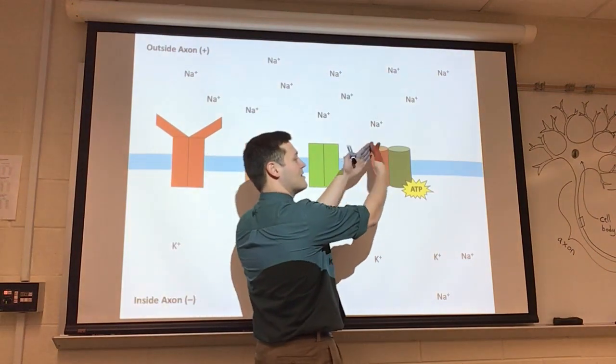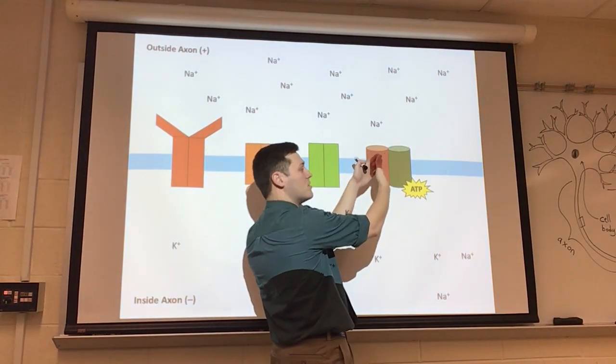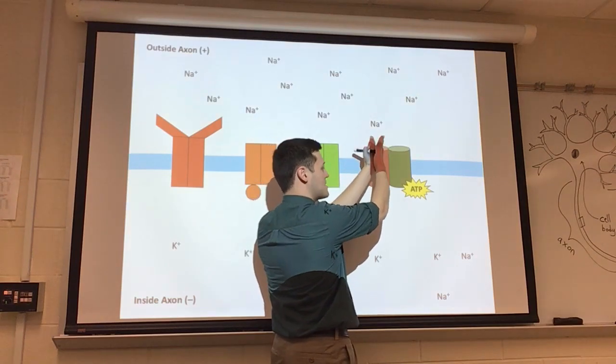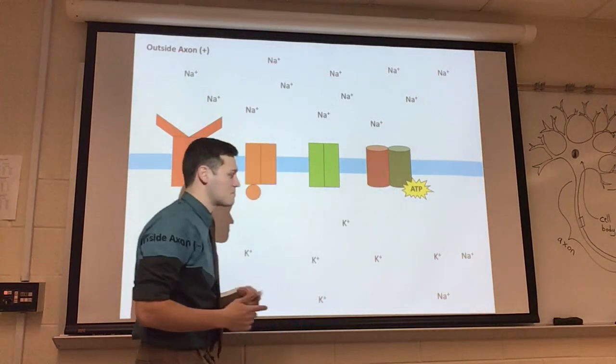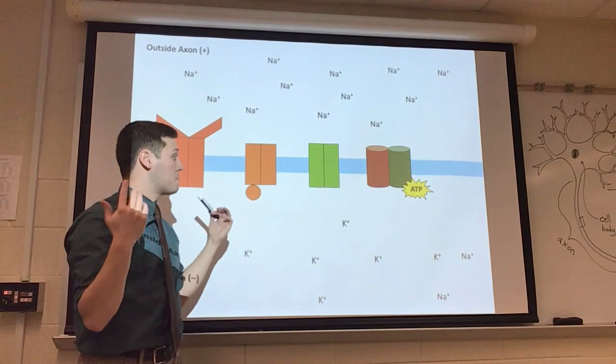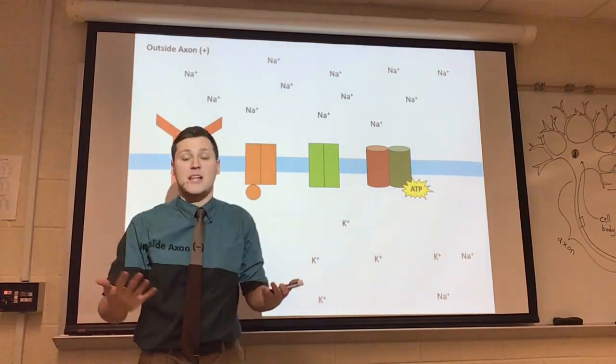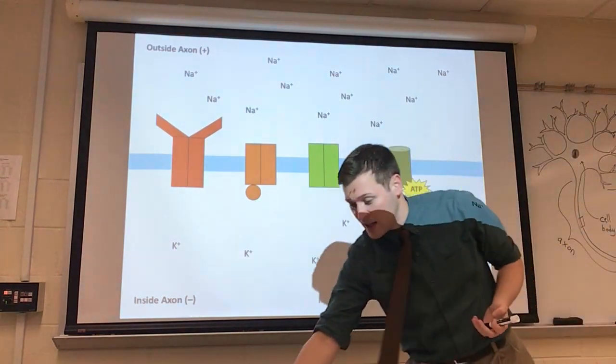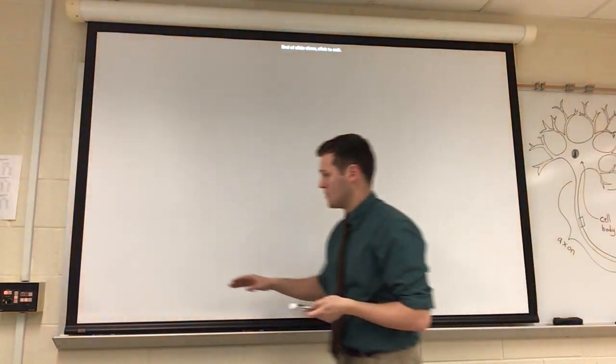It's going to act like almost a swinging door where it brings sodium out and then pumps potassium back in. So that is the action potential, and that is the animation of the action potential. Hopefully that made sense.